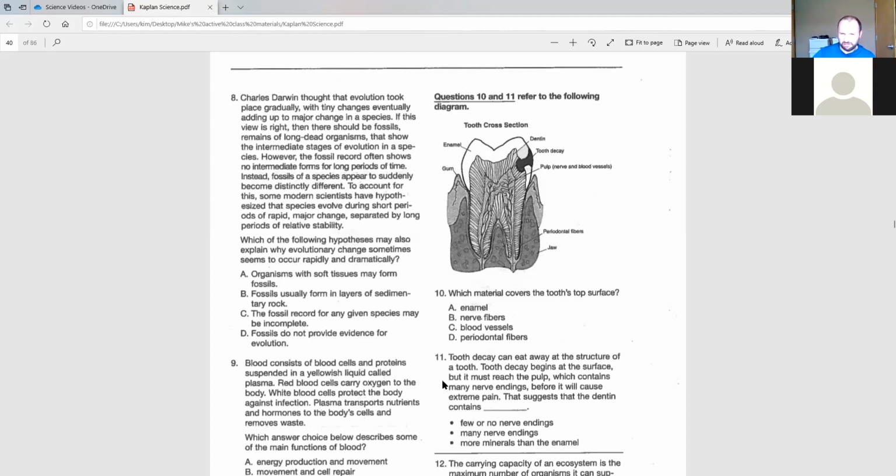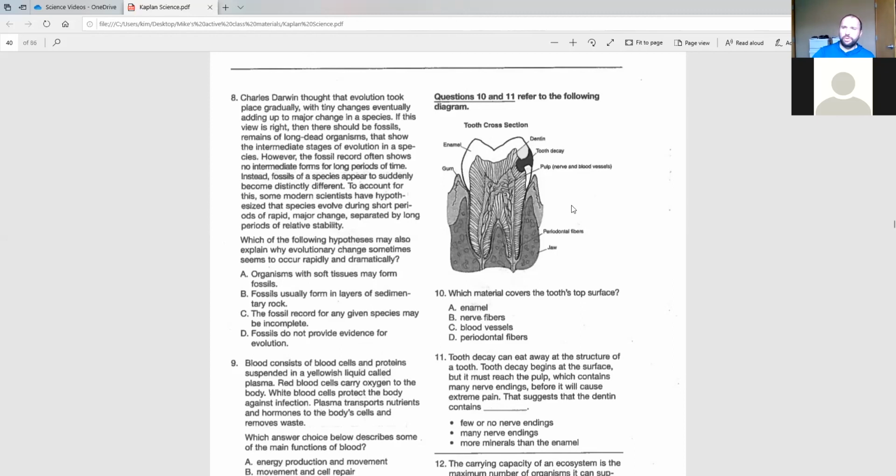Let's look at number 11. Number 11, a little more complicated. It says tooth decay can eat away at the structure of a tooth. Tooth decay begins at the surface, but it must reach the pulp, which contains many nerve endings, before it will cause extreme pain. That suggests that the dentin contains what? Okay, so let's see what it's asking.